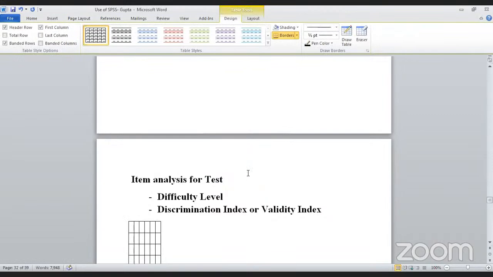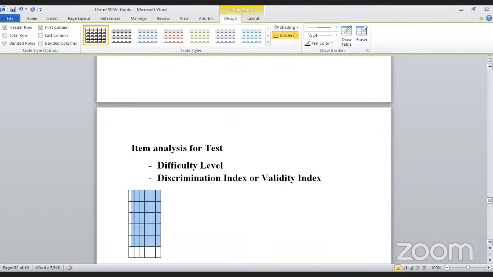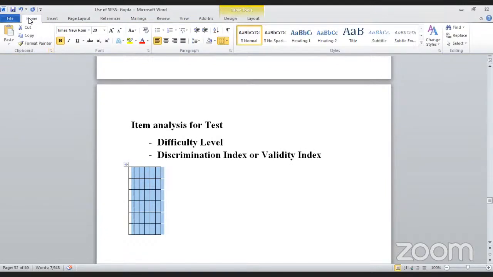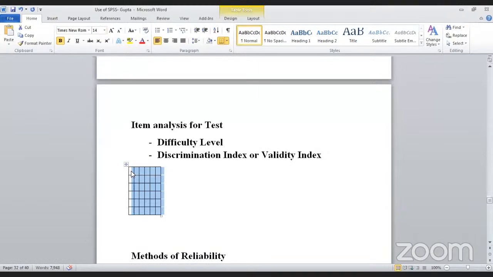So you have here, this is your serial number. So this is the serial number of the items, or you can say item number.